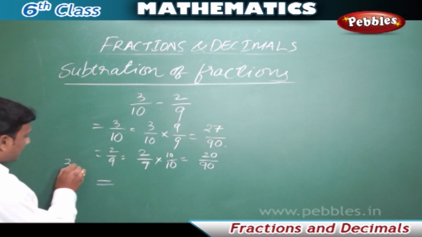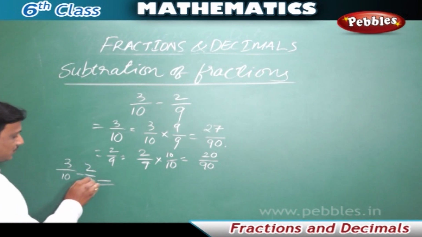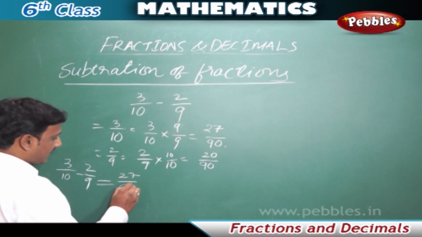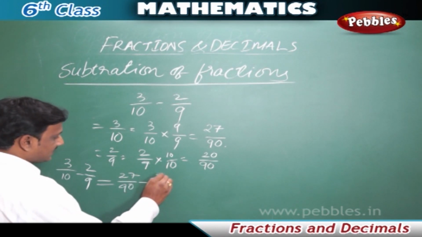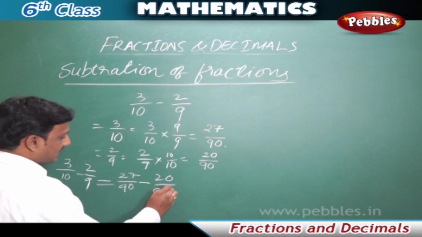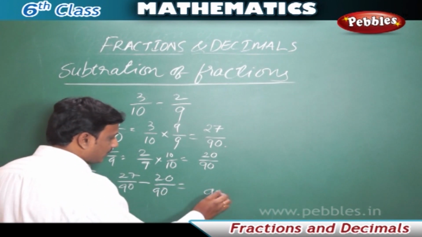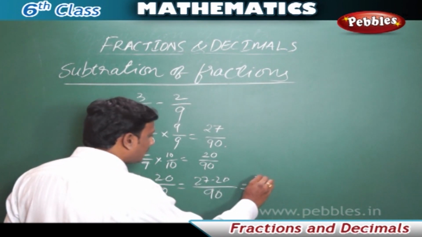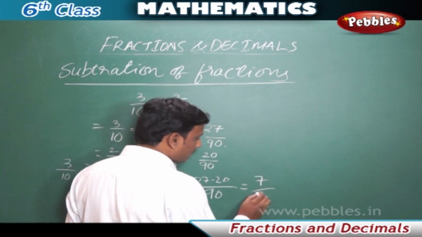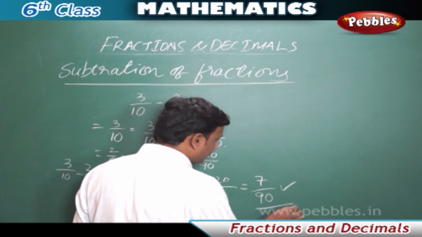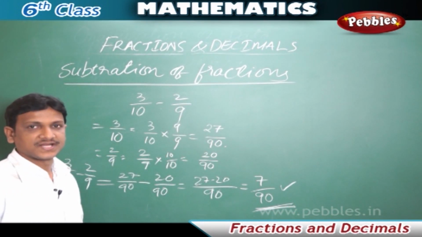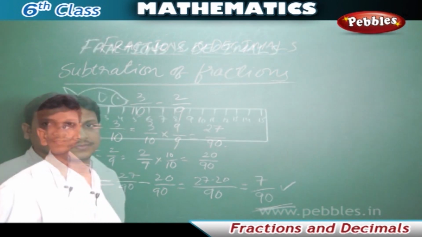So 3 by 10 minus 2 by 9 equals 27 by 90 minus 20 by 90 equals, the denominator is the same, 27 minus 20 equals 7 by 90. So this is the answer. In this way, we can do the subtraction of two unlike fractions.